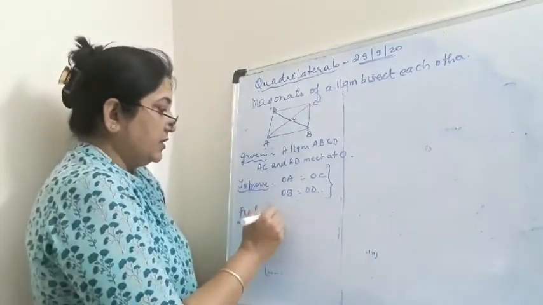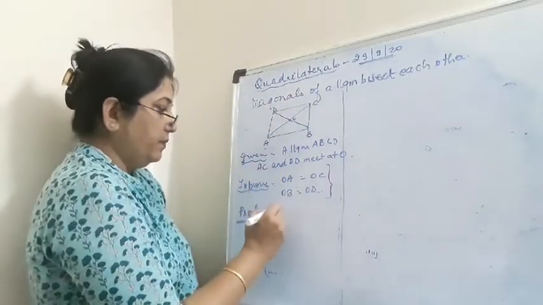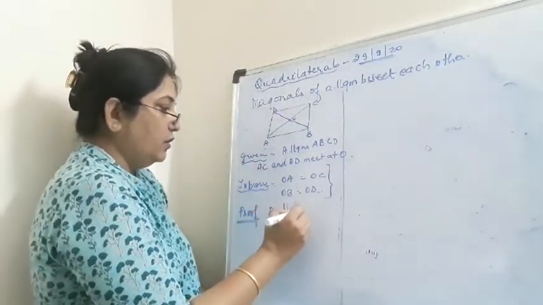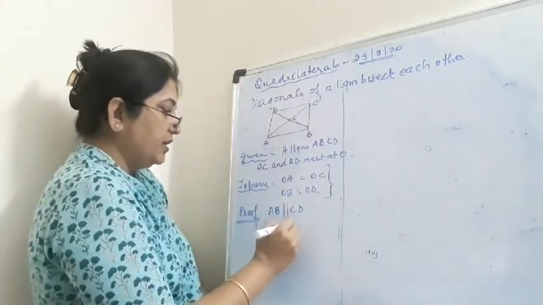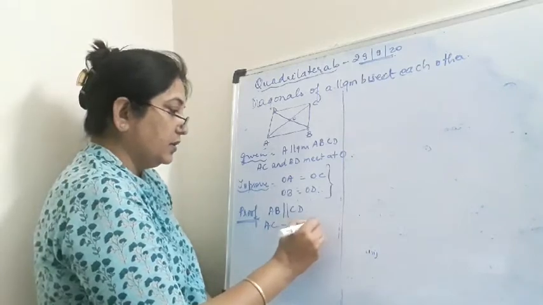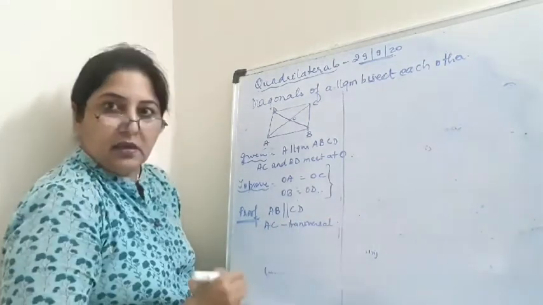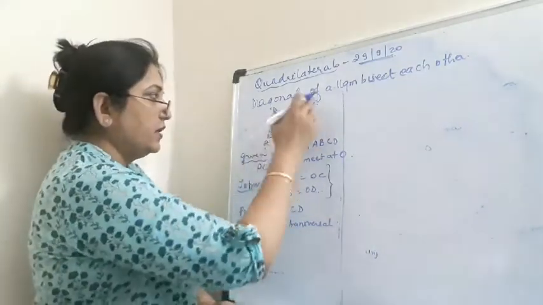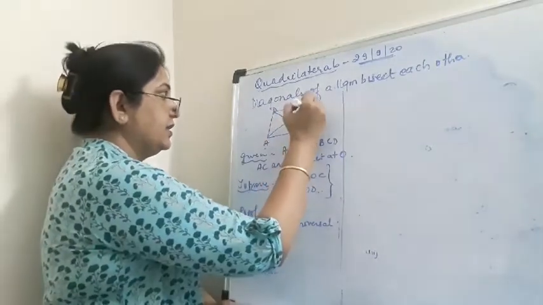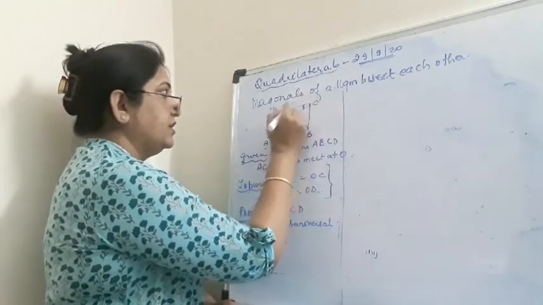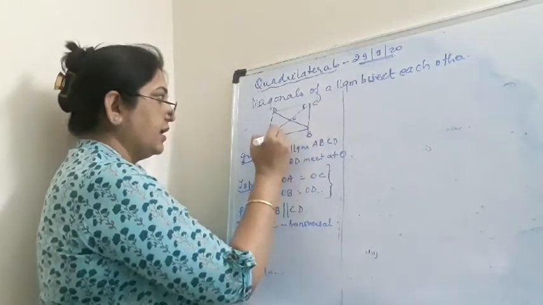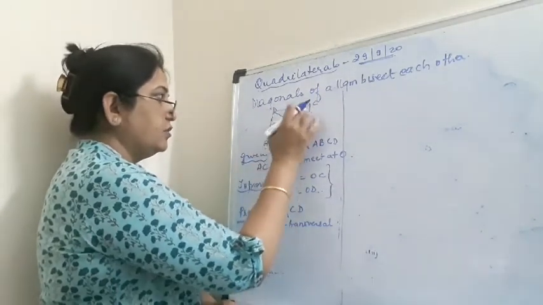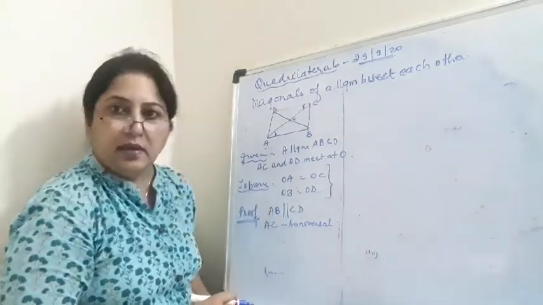Since this is a parallelogram, AB is parallel to CD, and AC is a transversal. Let us take this angle and this angle. These lines are parallel, so you can see that these are two alternate interior angles and they are equal.